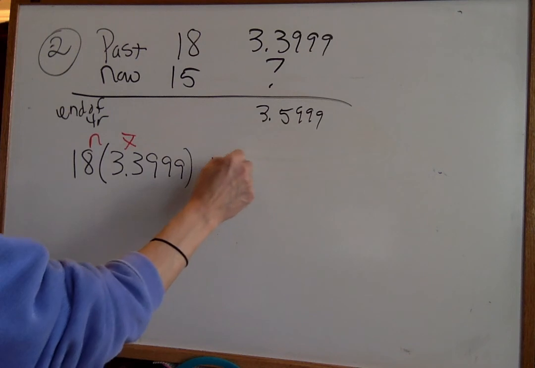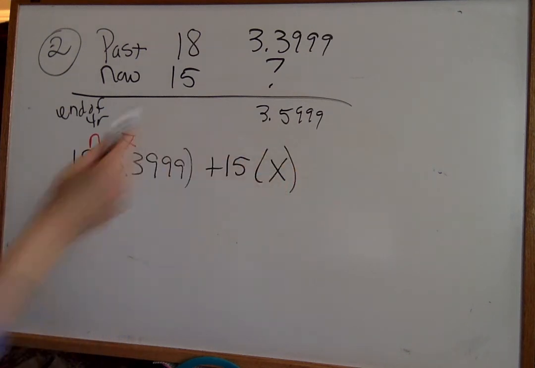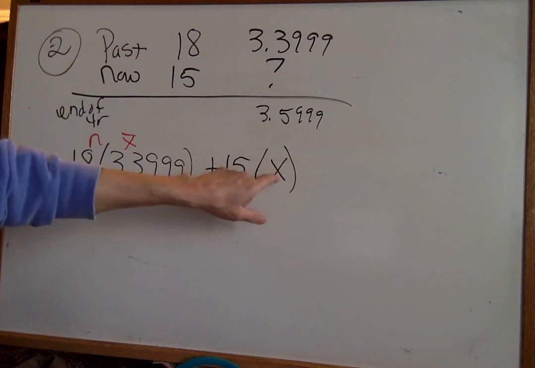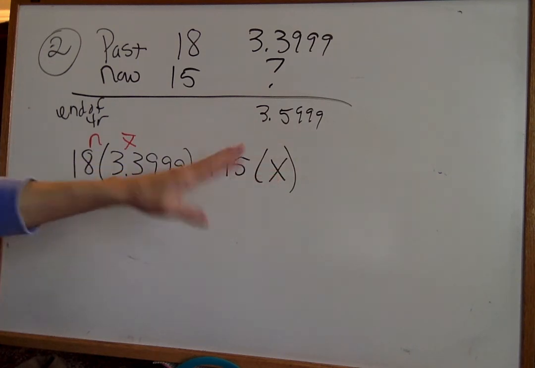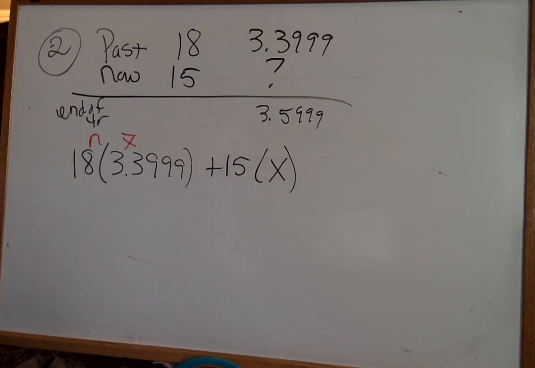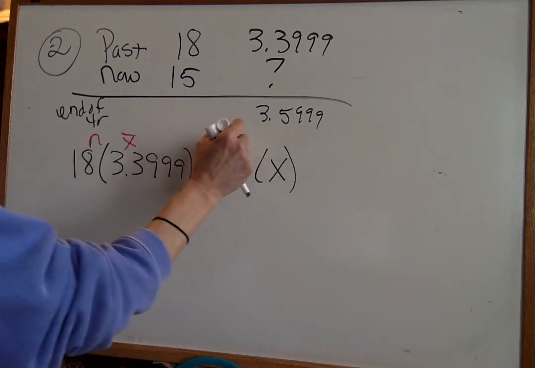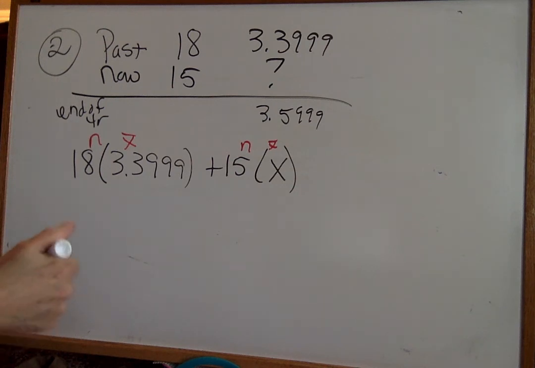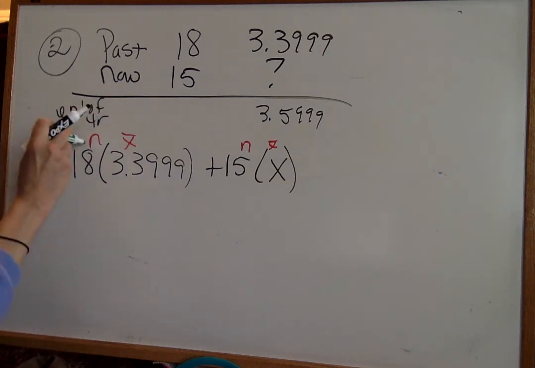Plus, she's taking 15 now, but here we're going to have a little bit of algebra. They're asking me what GPA does she need this semester. So I just put in X, to represent the GPA. So this is the N times that X bar, the GPA, right? Now at the end of the semester, think about it.